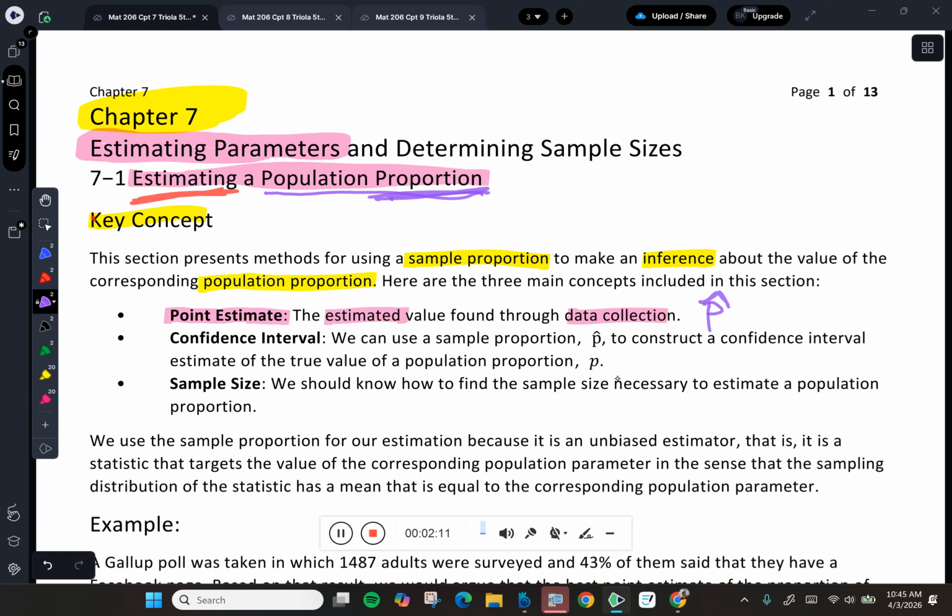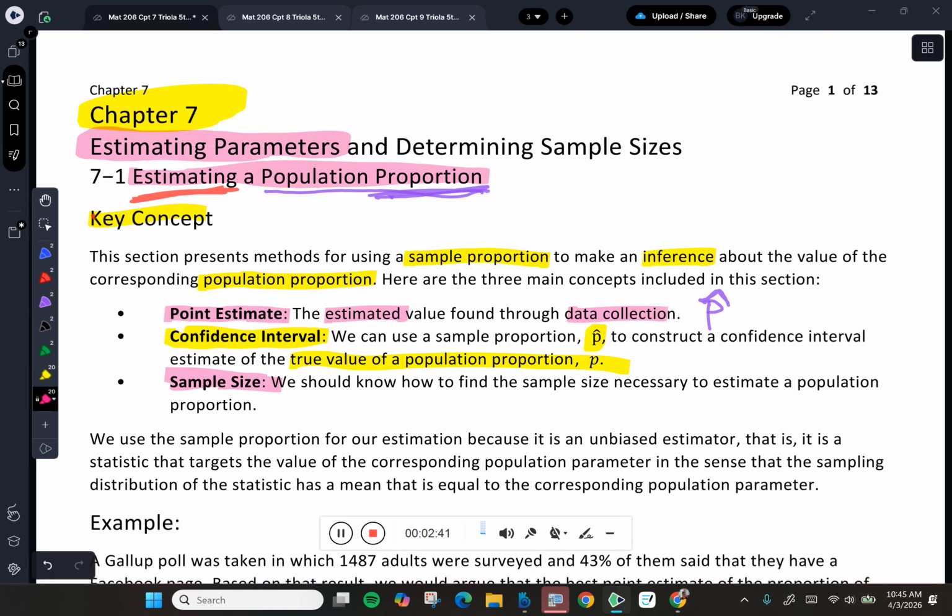From that, we're going to build something called a confidence interval around that sample proportion. Our whole goal is that hopefully that confidence interval will help us identify the true value of a population proportion. Then we'll take a look at how sample sizes can affect that, and how we could reliably predict what sample size we would need to get a certain level of accuracy.